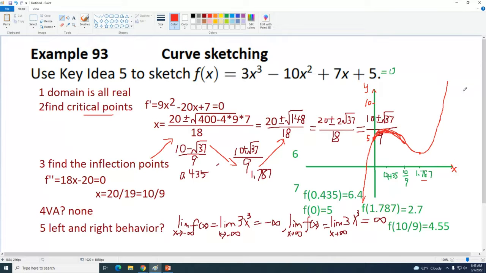Right between the 0.435 and 1.787, we have 1. You can plug in 1, so 9 minus 20 plus 7. Plugging 1 is obviously negative, so we know it's decreasing between these two points. And above this 1.787, you can pick 2, and then you plug in the 2, you can see 8 times 36 minus 40 plus 7, which is positive, so we know it's increasing to the right of the last critical point.